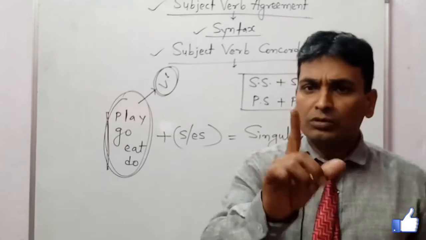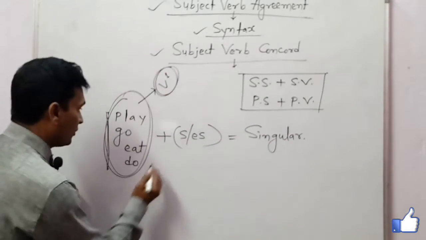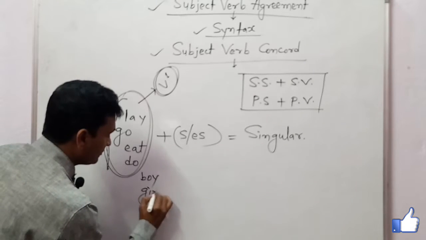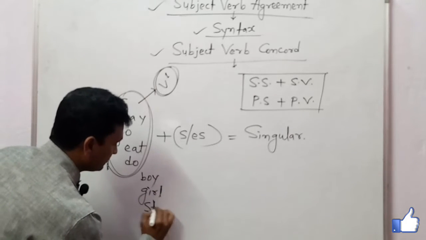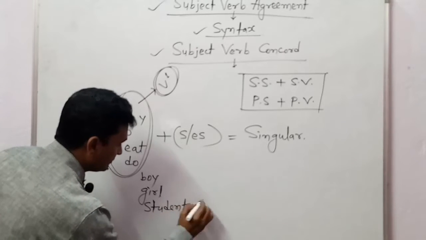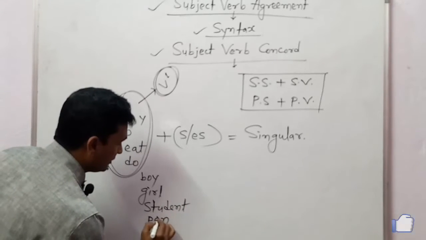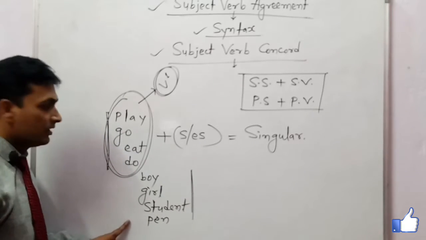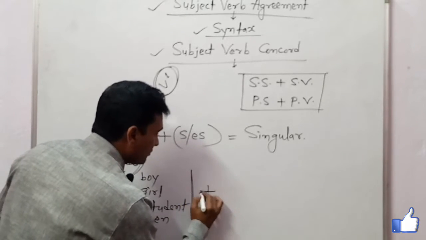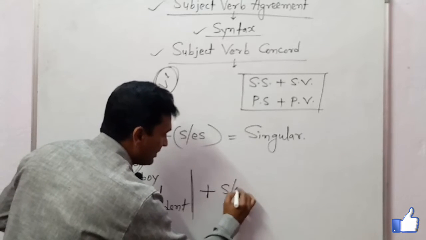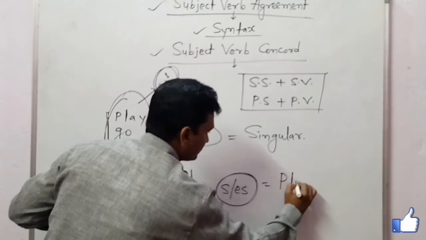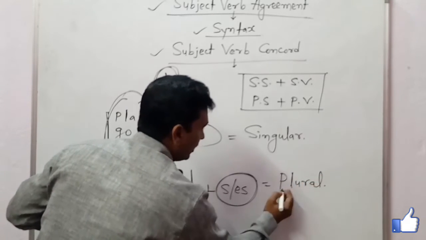On the other hand, one more thing I have to tell you, students. If I write boy, girl, student, pen, these are nouns, and when we add S and ES to these nouns, it becomes plural.